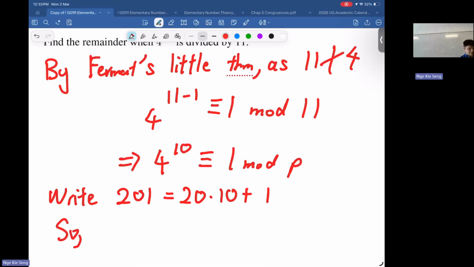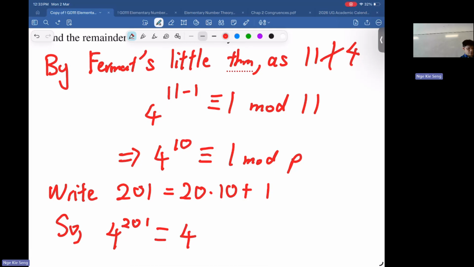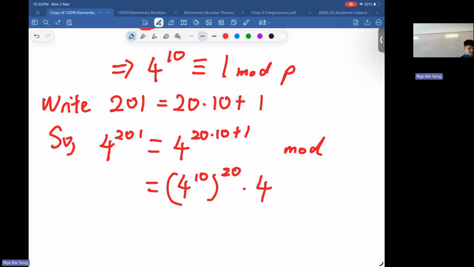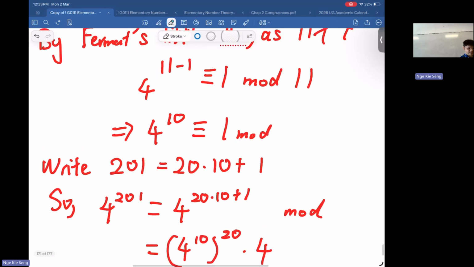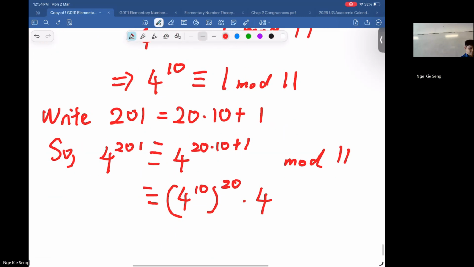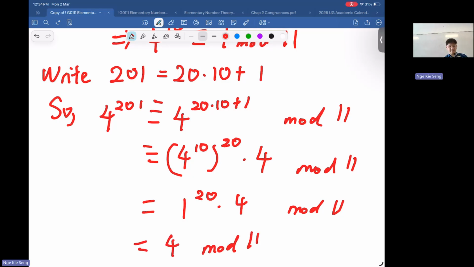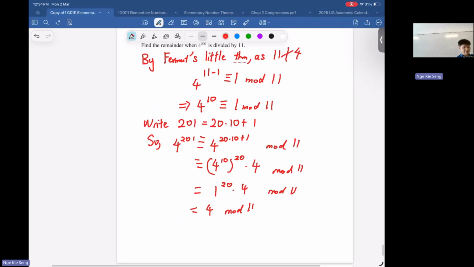So 4 to the 201 equals 4 to the 20 times 10 plus 1, which is 4 to the 10 power 20 times 4. But we know that if we mod it by 11, we can replace this by 1 to the 20 and 4. So in the end, you're left with 4 mod 11. Is that right? Yeah.